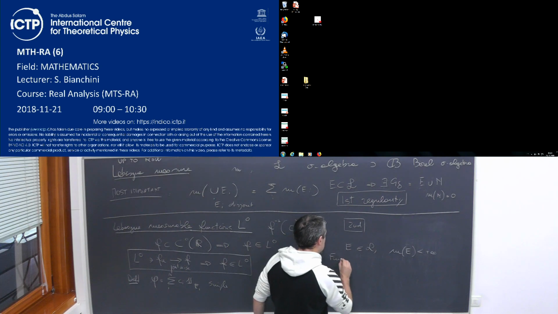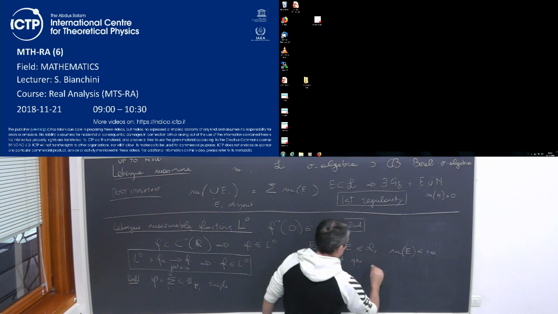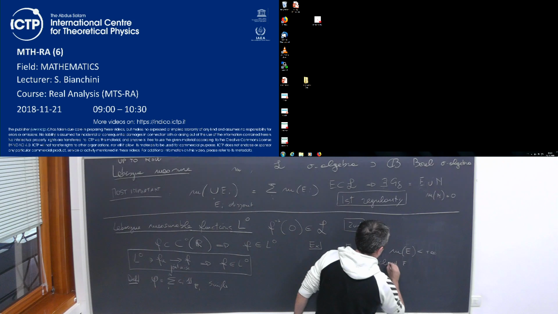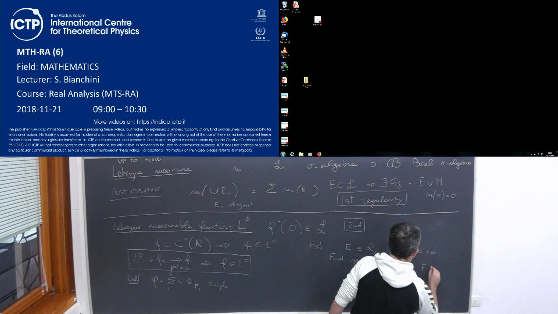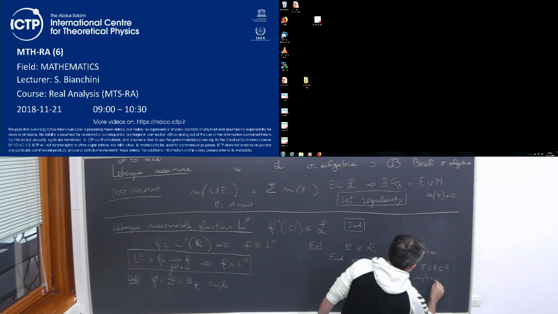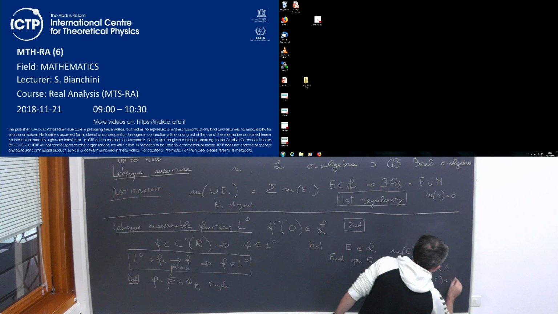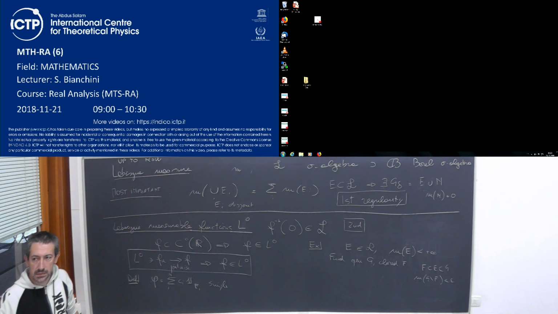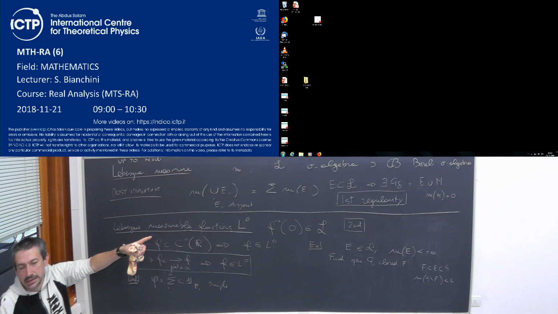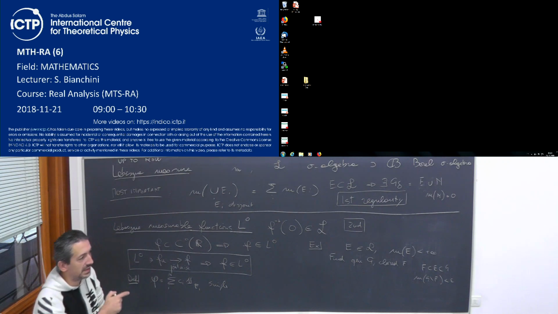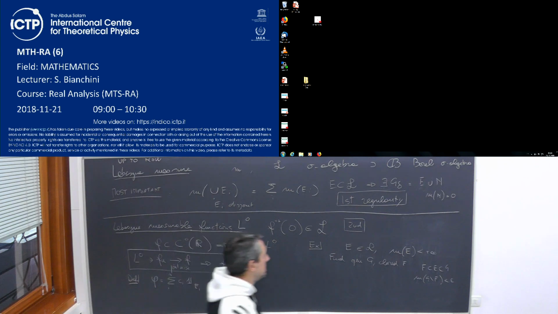So find open G, closed F, and F is contained in E, contained in G, and the measure of G minus F is less than epsilon. Can I do that? Yes, because it's the first regularity. The first regularity gives me G, and the complement gives me F. Okay?